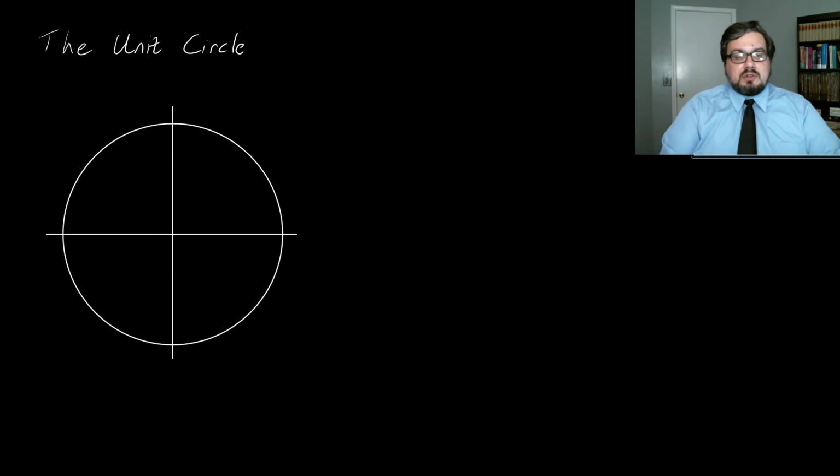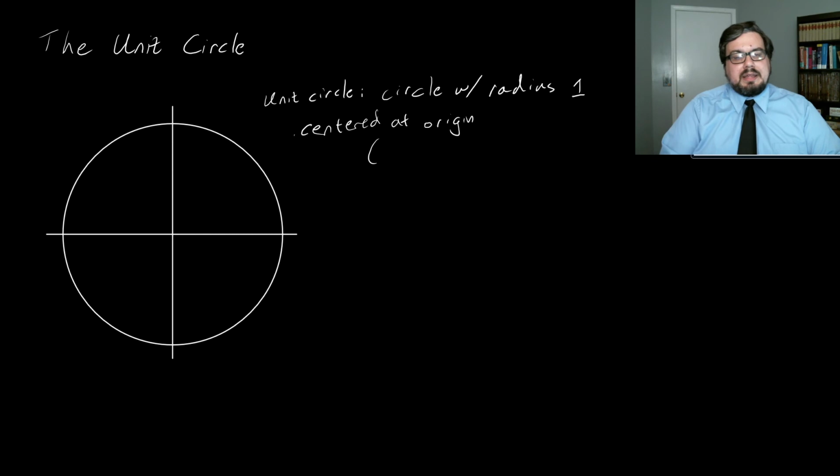The unit circle is what we're going to be looking at, and it's the circle with radius 1, hence unit, centered at the origin. In other words, it's the solution set to the equation x squared plus y squared equals 1.